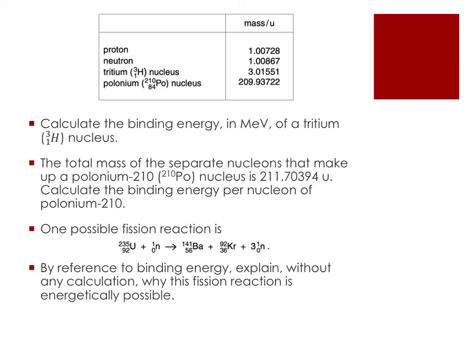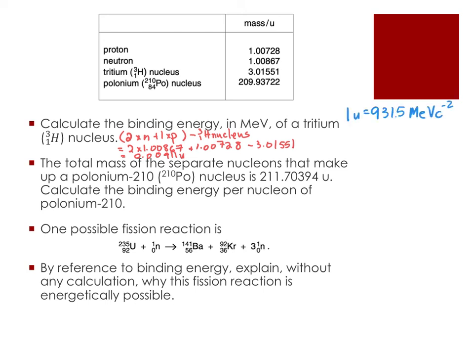I'm going to have to calculate the amount of mass of the constituents, subtract the mass of the actual nucleus, and then make sure we've got the right units. Okay, so you can see my working there. When I've done this, then I have to double check the units that were in my chart. This says atomic mass units, but what I need is an answer in mega electron volts.